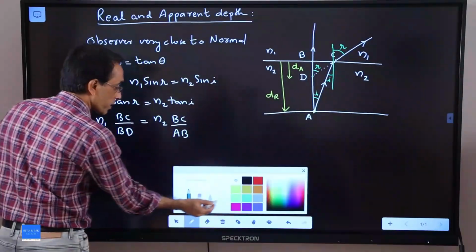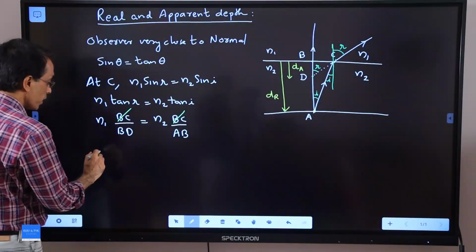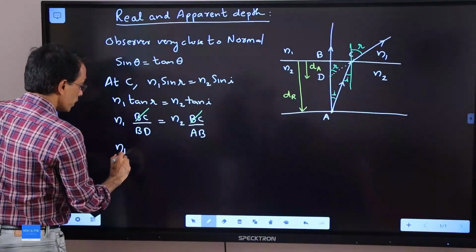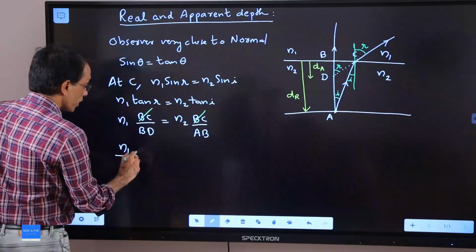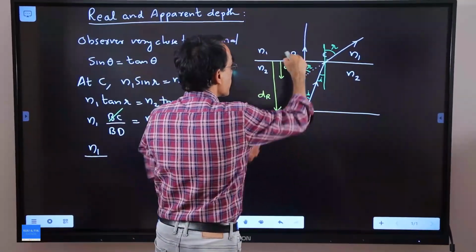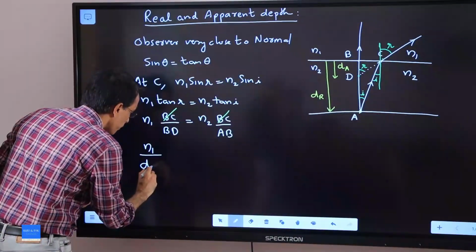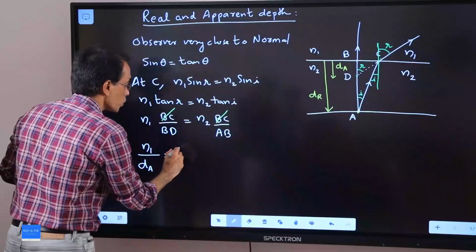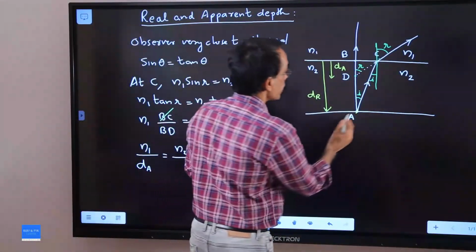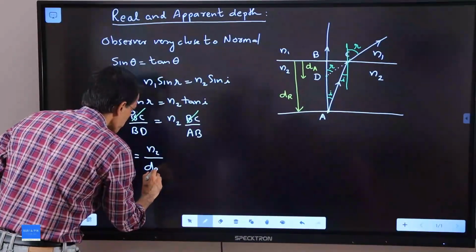We can see that this BC and this BC will cancel. Now what I am getting is N1 divided by BD. What is BD? BD is the apparent depth d apparent. So N1 by d apparent is equal to N2 divided by AB. AB is the real depth d real.